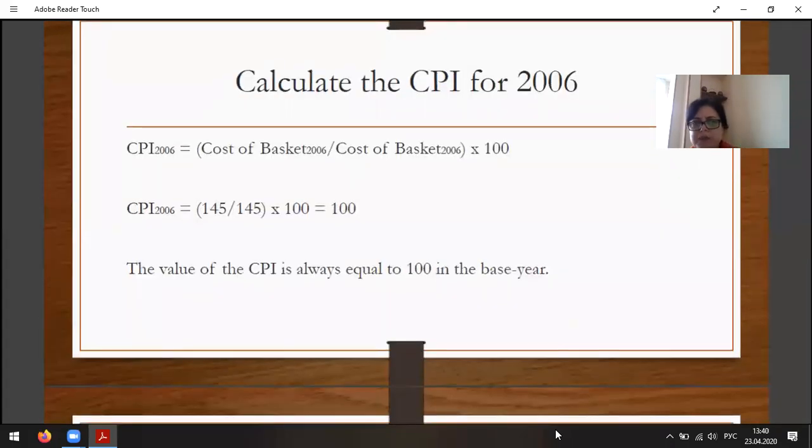Look, CPI for 2006 is the cost of market basket of this year, I mean 2006, divided by the cost of the basket of the same year, because the current year and the base year prices are the same for 2006. And that's why it is obvious that the CPI for base year is always 100.